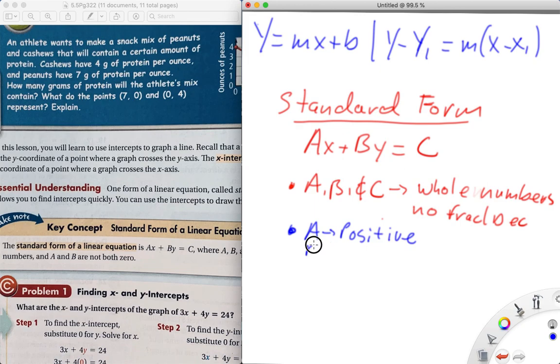B and C can be either positive or negative. Doesn't matter which. So A is positive, and B and C can be either positive or negative.